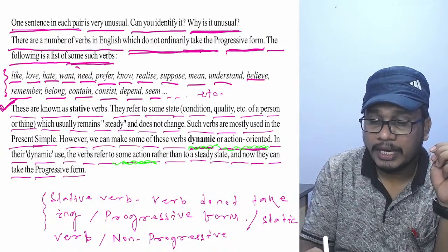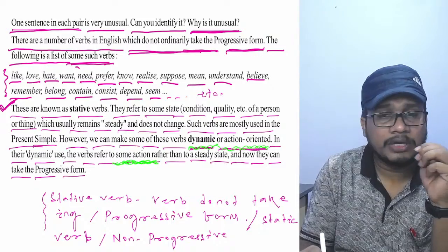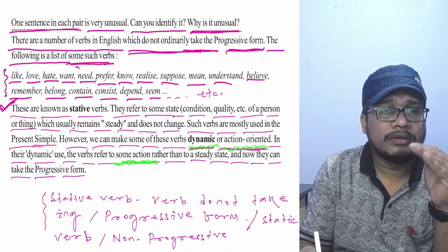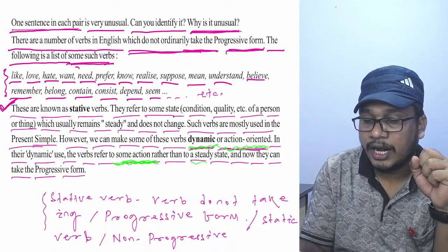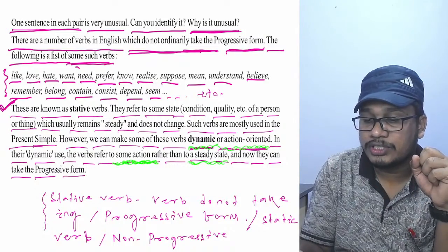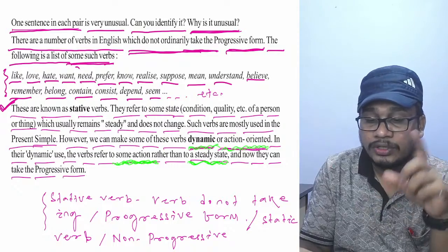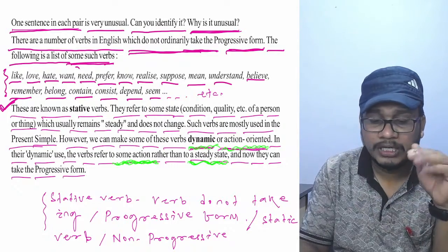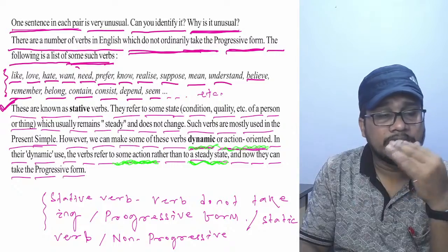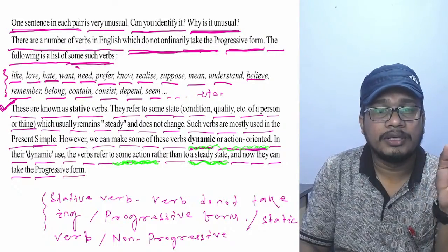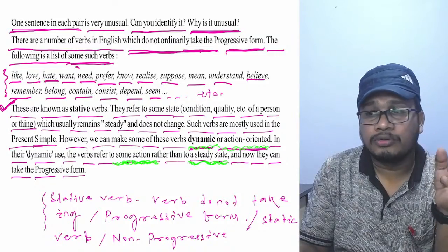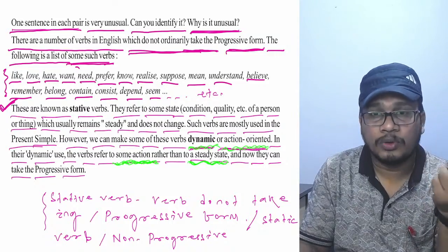When we make those verbs into a dynamic one, they usually refer to an action rather than a steady state. Now they do not refer to any state but to an action. Now they can take progressive form. They will take progressive form when they become action oriented, when they refer to any action. We can make them progressive at that time.